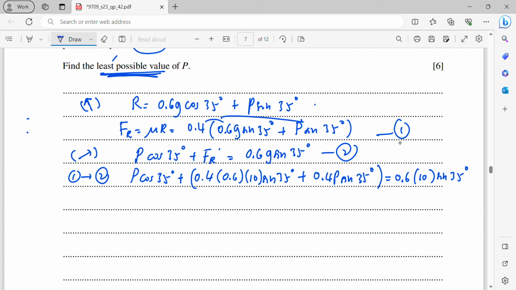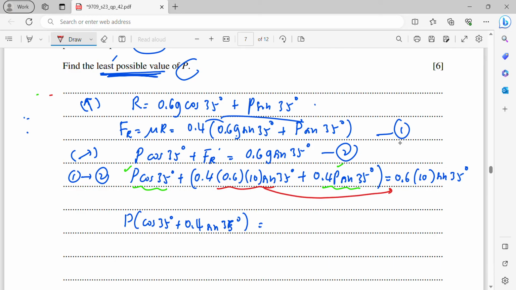So I need to get the P. That means I have to group the terms with the P. At the same time, I factorize the P as well. So here I will get P cos 35 degrees plus 0.4 sine 35 degrees equals to, now this term will be moved to the right side.